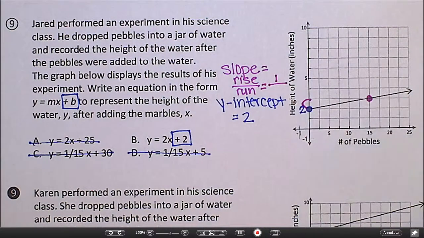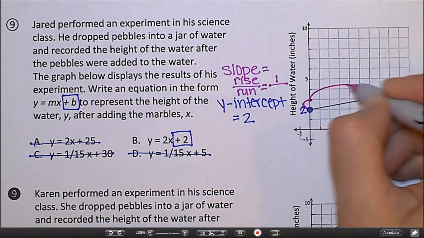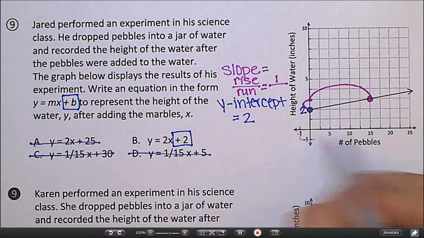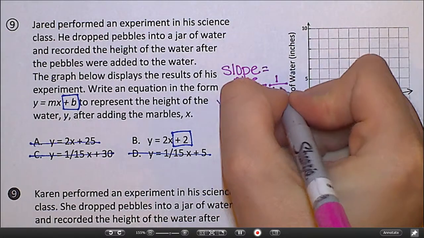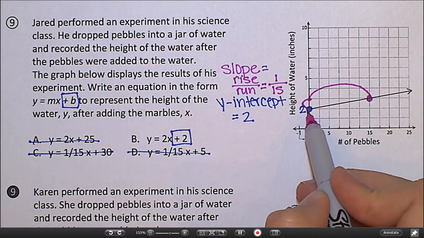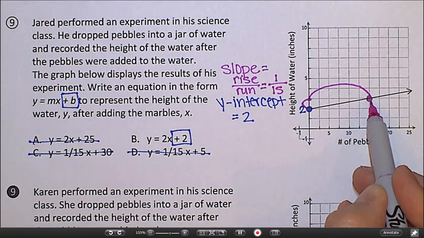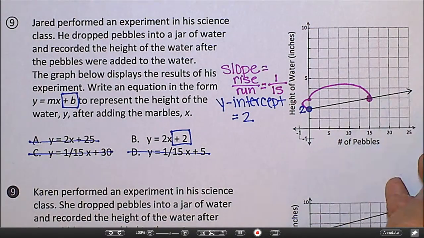So my rise is 1. And then my run is all the way over here to 15. So from 0 to 15, that's my run. Rise over run. I go up 1, I go to the right 15, and then I hit another point. And I could keep doing this and I would keep hitting points.